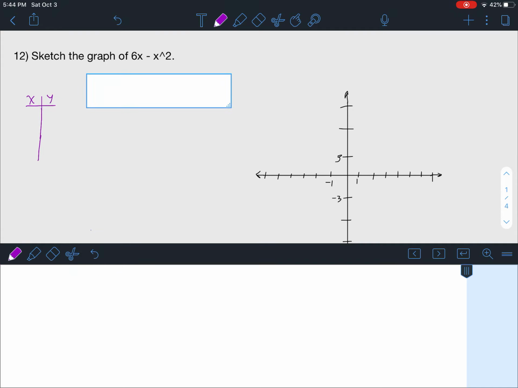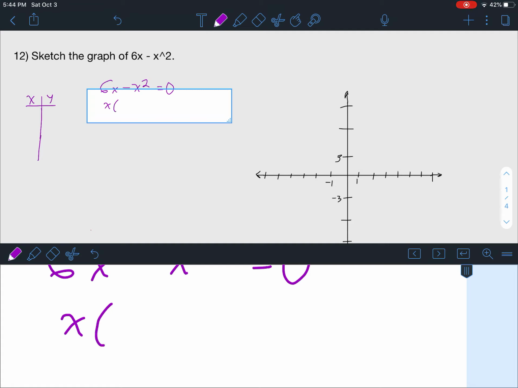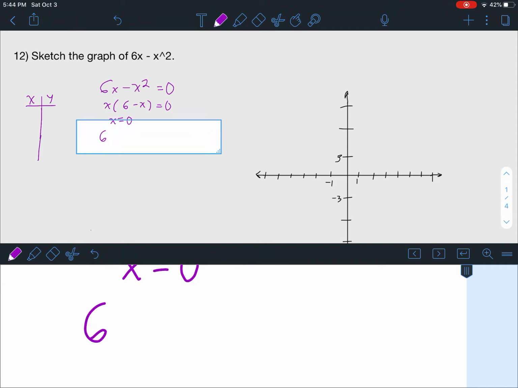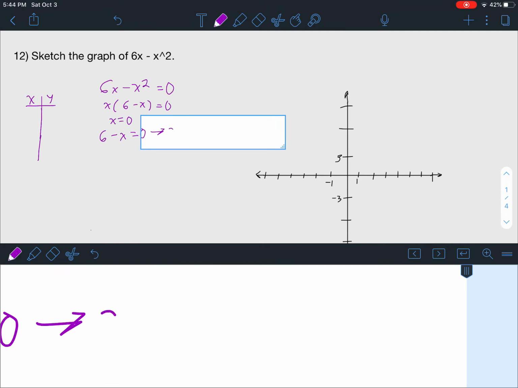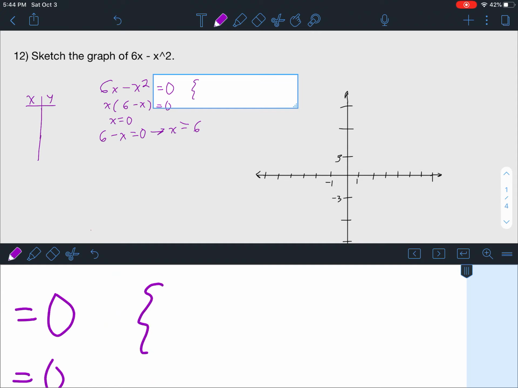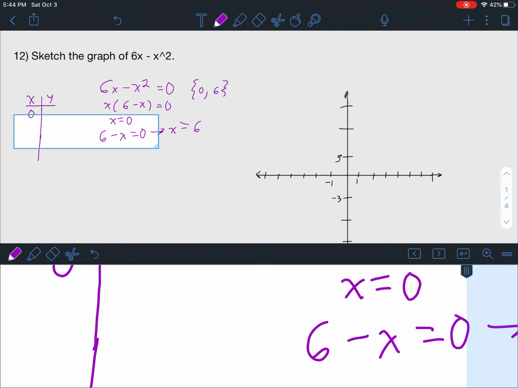So to find the x-intercepts, you would set 6x minus x squared to 0, factor out the x, and you're left with x times 6 minus x equals 0, which means x equals 0, and then 6 minus x equals 0, so x equals 6. So the solutions to this are 0 and 6. So we're going to want to include that in the values that we include in the plot. So 0 and 6 will be our first values.